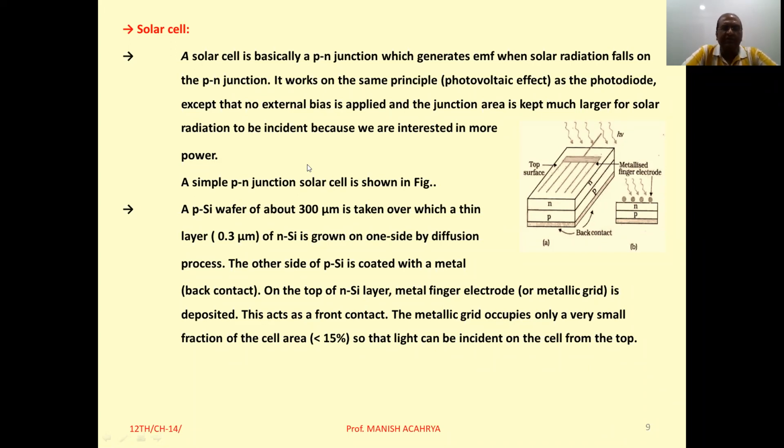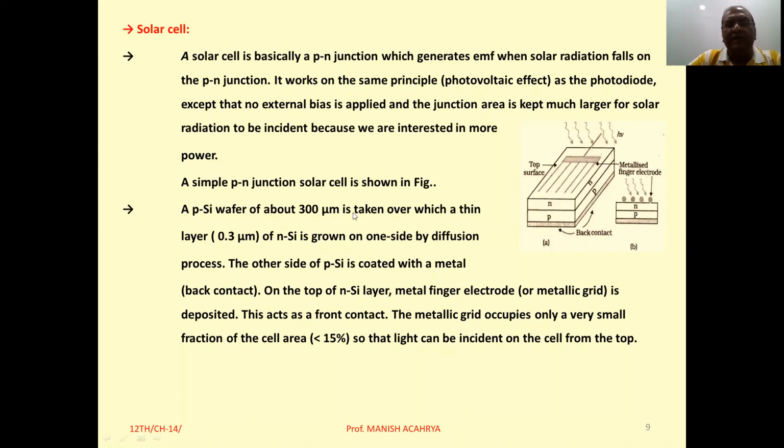When light is incident on it, it generates EMF. But a photodiode is always operated in reverse bias mode, whereas a solar cell does not require any biasing because it itself gives you some EMF, or we can say electrical energy or power.